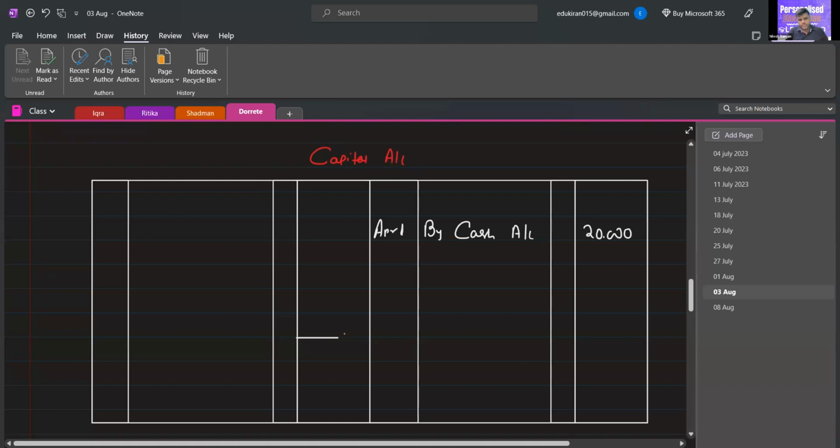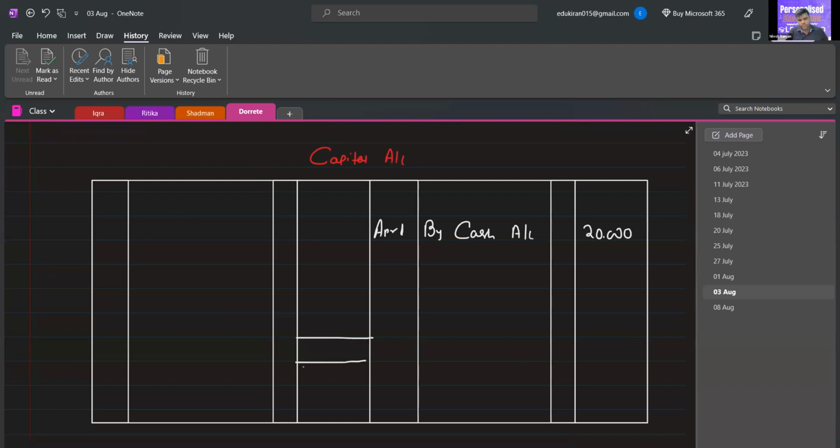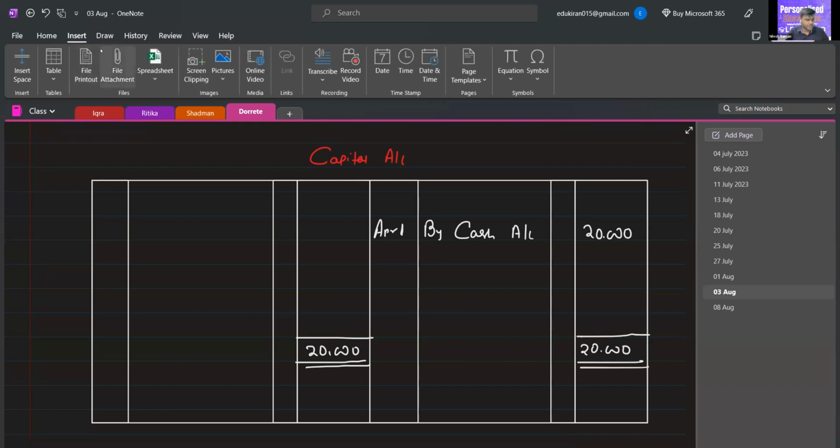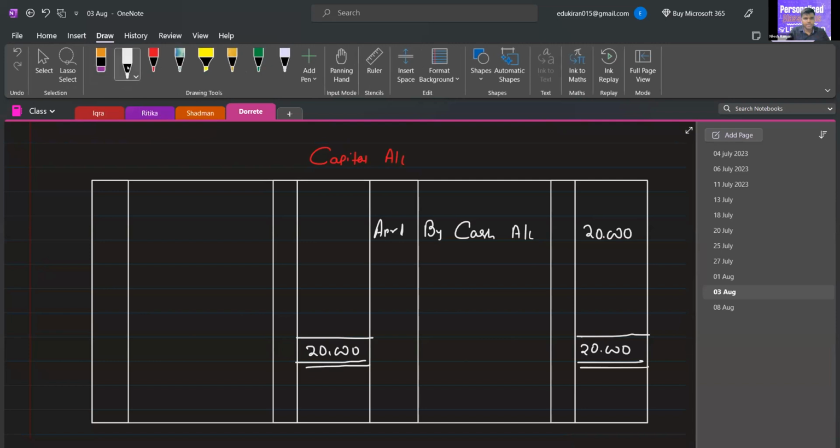So there is no debit side amount. Yes, sir. So 20,000 is higher. Capital account, it is 20,000. Shouldn't it be 50,000? Yes, it is 50,000.